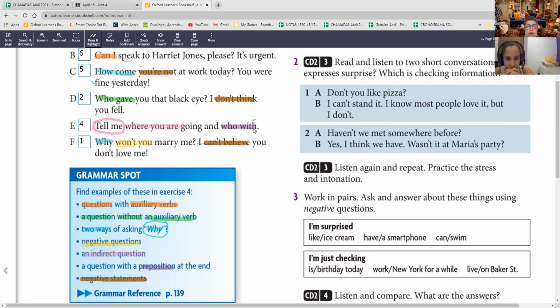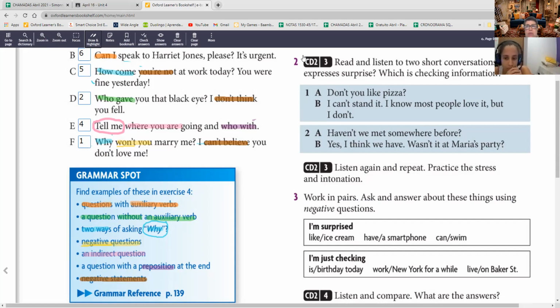When you go, the person wants to know who is going with you, right? But then you can minimize the sentence and just put the question pronoun and the preposition. Sometimes you have a full question and there is a preposition at the end, which means the verb takes a preposition and you need to use it in the question.